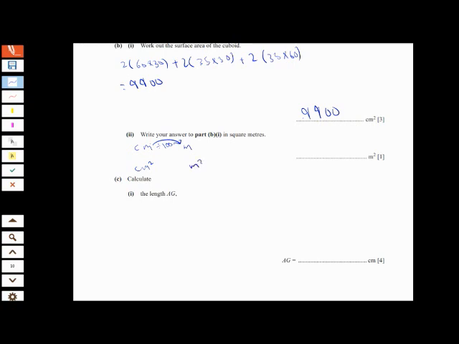The centimeter is squared and the meter is also squared, so naturally the scale factor would also be squared: 100 squared. So it's 9900 divided by 100 squared, which is 0.99.